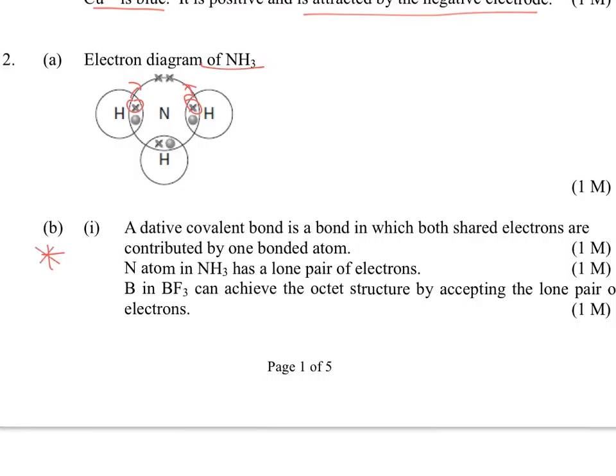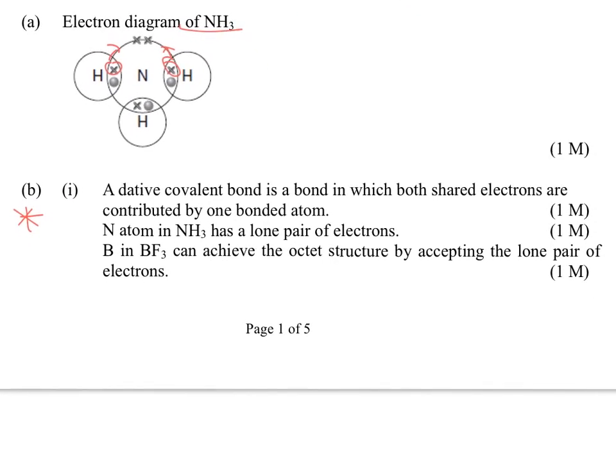a difficult question, which is about dative covalent bond. And for the definition, I find that many of you cannot answer it correctly. So for dative covalent bond, it's about shared electrons contributed by one bonded atom. What does that mean? I will explain it further in the lower parts of this question, B2.